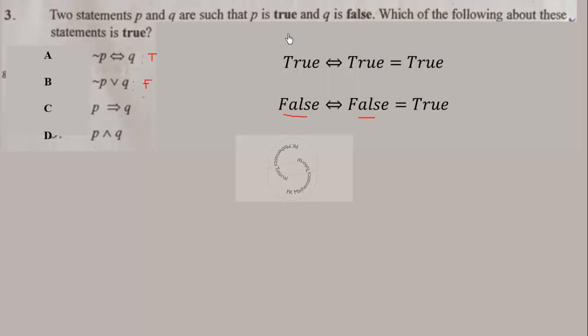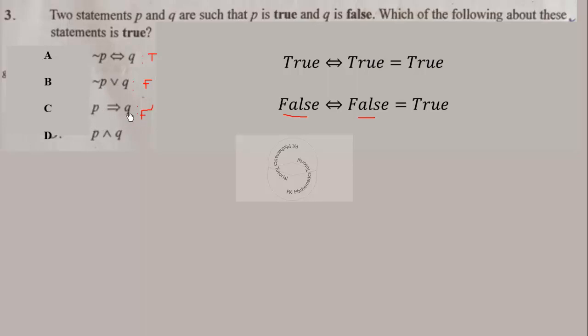Then when you substitute the values here, true implies false. That one is false. The implication is true when this is true, this is true. When this is true and this is false, is false.